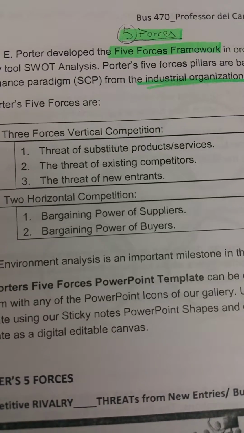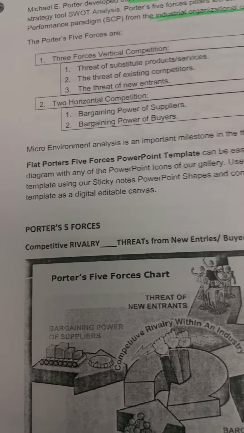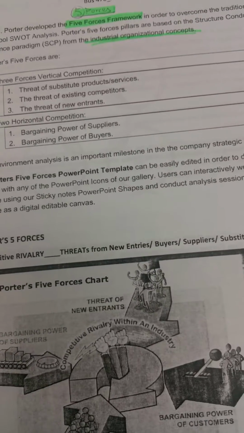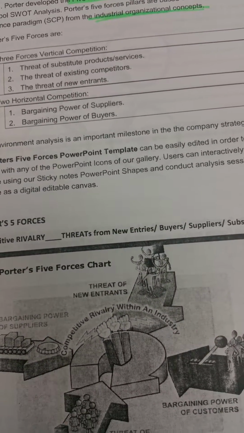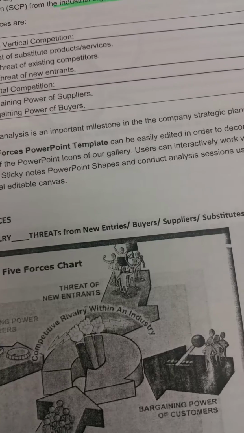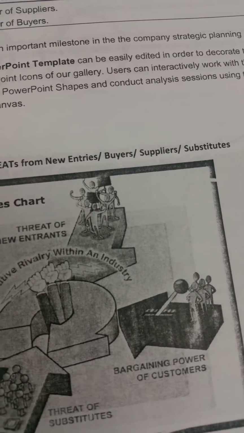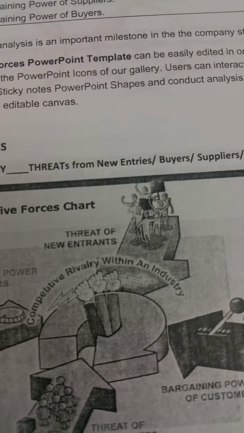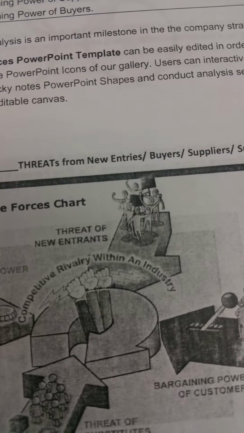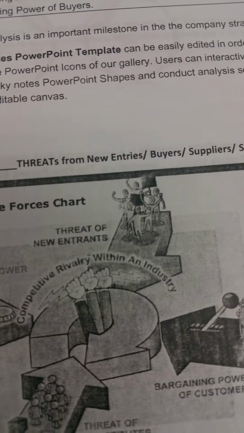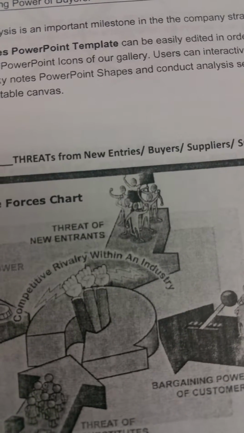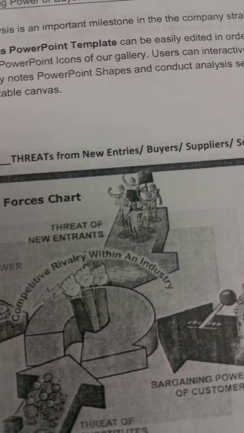Threat of substitution is when you have the product or service that we have, and the competitor company has something similar or cheaper, and people tend to look for a bargain, right? If they can go cheaper, or for the same price they can get something better.